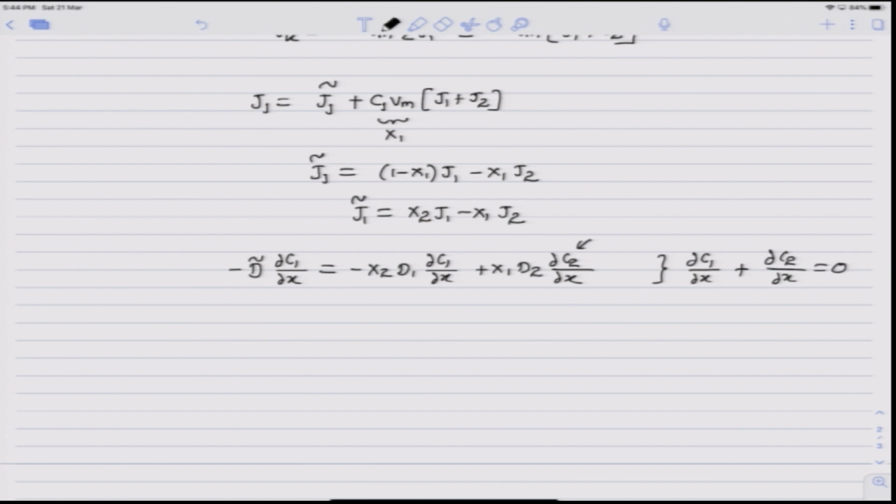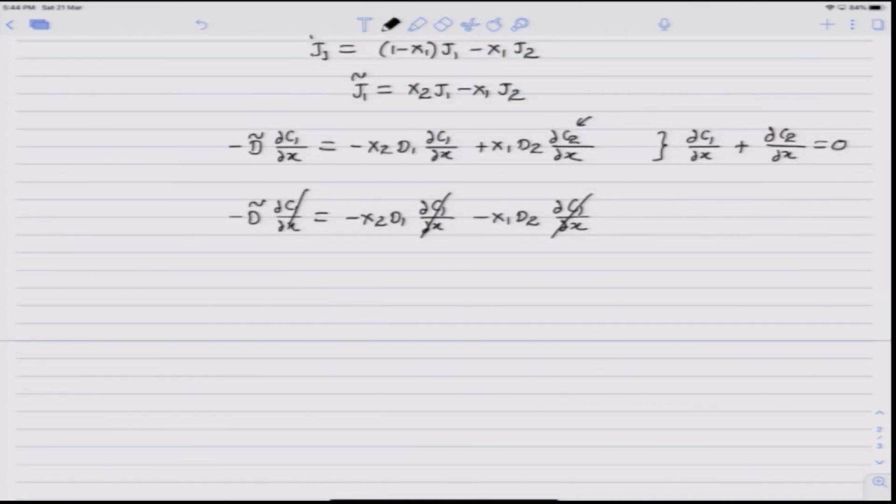If we substitute here, we get minus D tilde dou C1 by dou x equal to minus x2 D1 dou C1 by dou x minus x1 D2 dou C1 by dou x. Get rid of this gradient term, and we get the interrelation between interdiffusion coefficient D tilde and the intrinsic coefficients D1 and D2 as D tilde equal to x2 D1 plus x1 D2, and this is the famous Darken's equation.